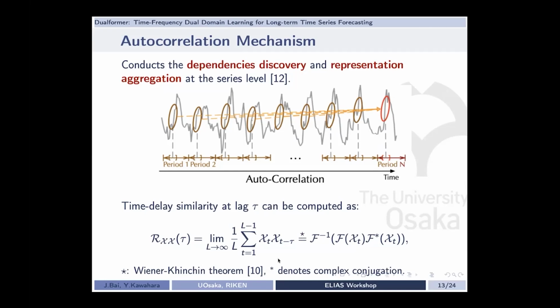This subseries similarity, or what we call autocorrelation at time lag tau, can be computed in this equation. And based on the well-known Wiener-Khinchin theorem, it can be simply calculated in the frequency domain, like in this equation.